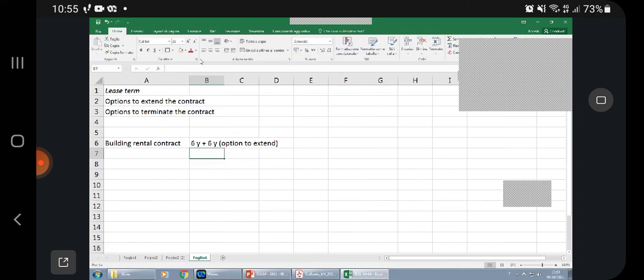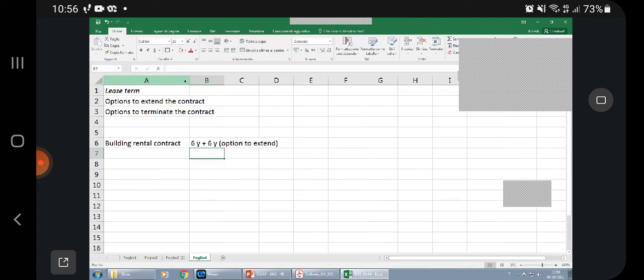But if the building is not an administrative office, but suppose it is the building where there is the factory with machinery, plant, it is not so easy to relocate machinery, plant, and so on.